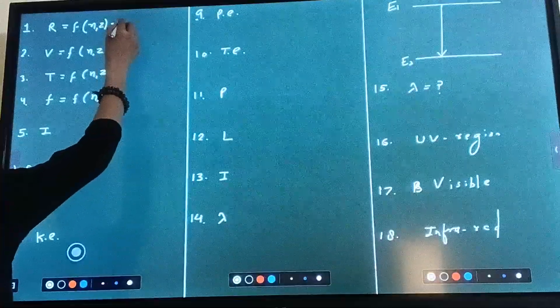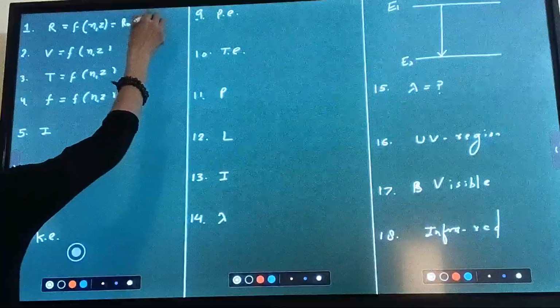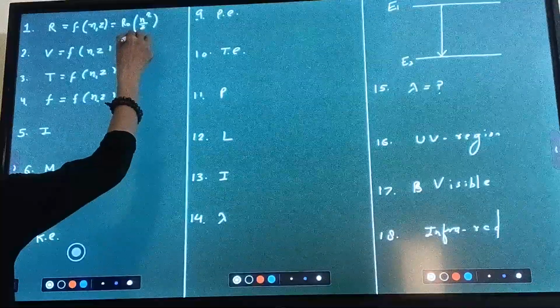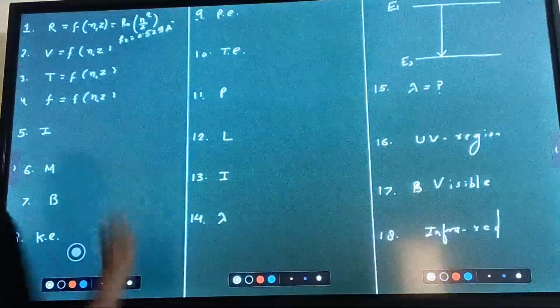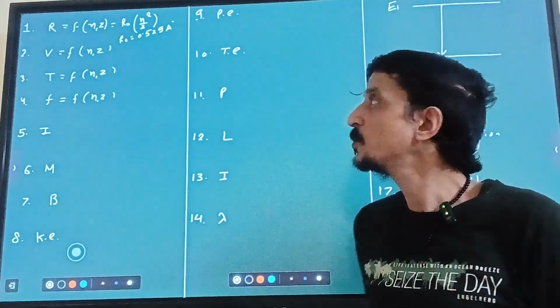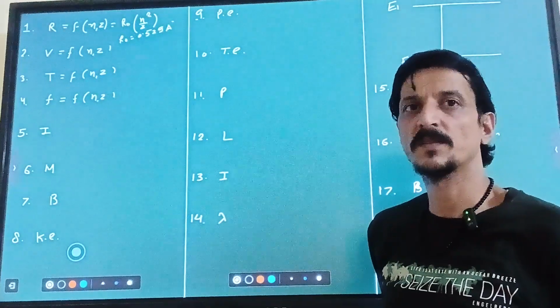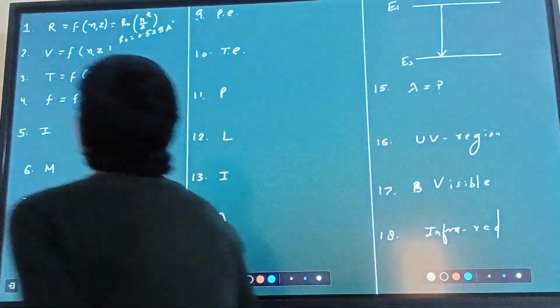So radius here is equal to R naught n square by z. R naught here is 0.529 angstrom. So this is the radius in nth state, and it is proportional to n square, the square of the energy state number. Then we have speed.